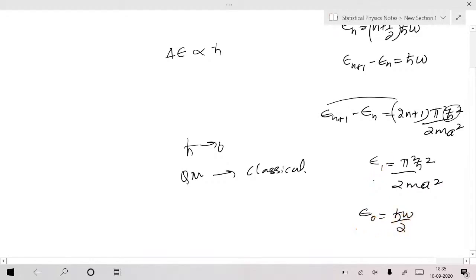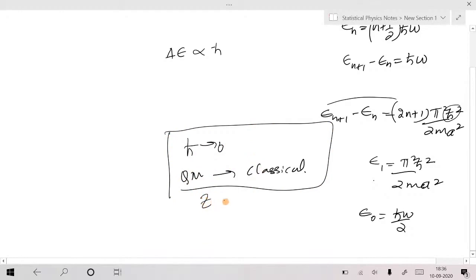Classically, the ground state will be 0; a particle can be kept at rest classically. You better think of this one. When Planck constant tends to 0, your quantum mechanical thing will tend to classical. I think in Jatila, somewhere in the first chapter, he mentioned this idea. Yeah, any further questions?